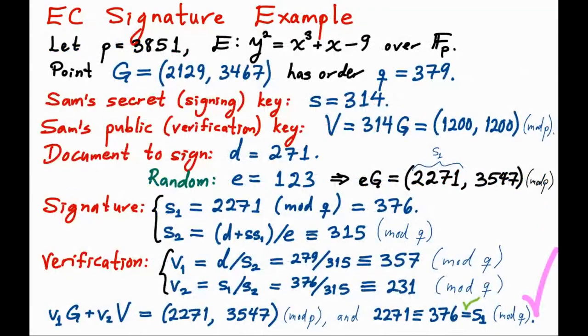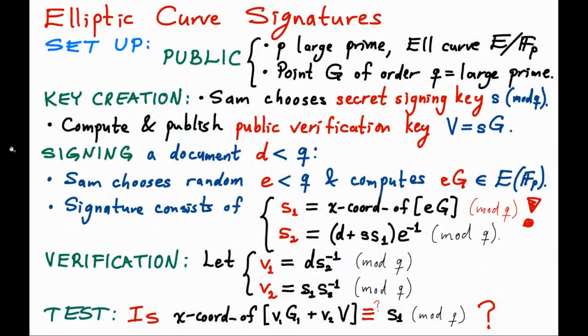Let me write. So, I didn't write in detail the proof that this is a test that is consistent with the creation of the signature. But the thing to realize is that you only do the congruence modulo Q at the very end, whereas everything before that happens doing exponents times points on the elliptic curve.